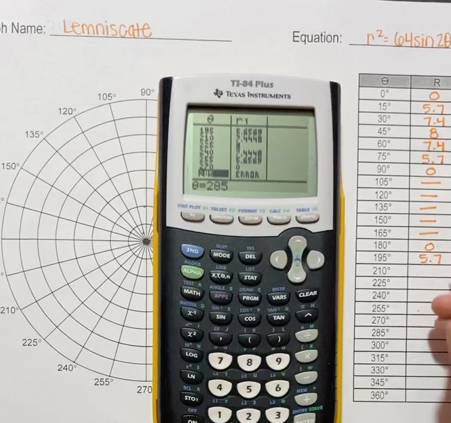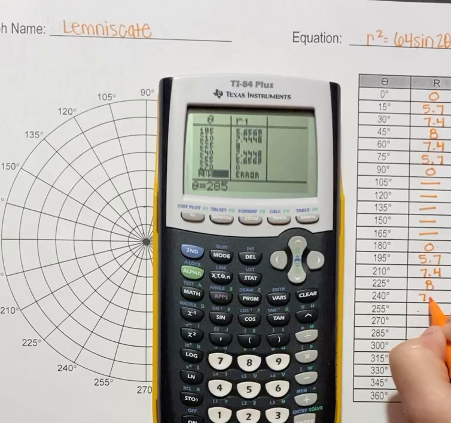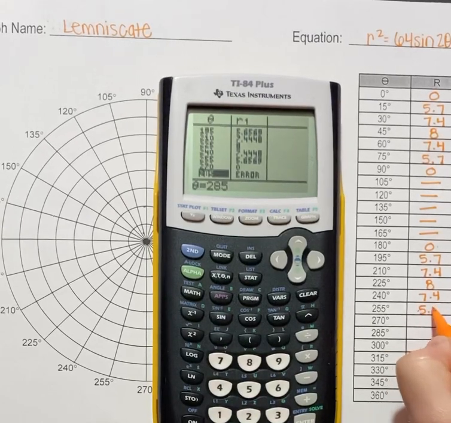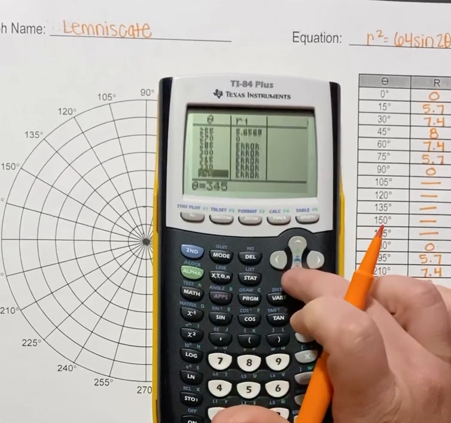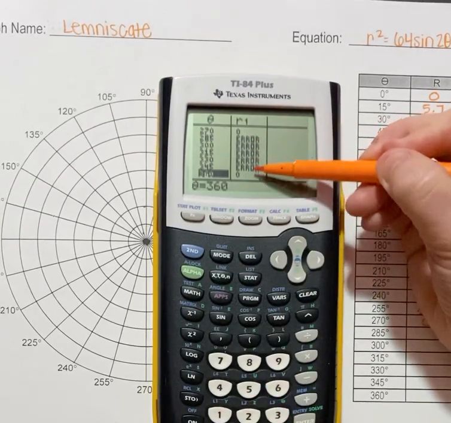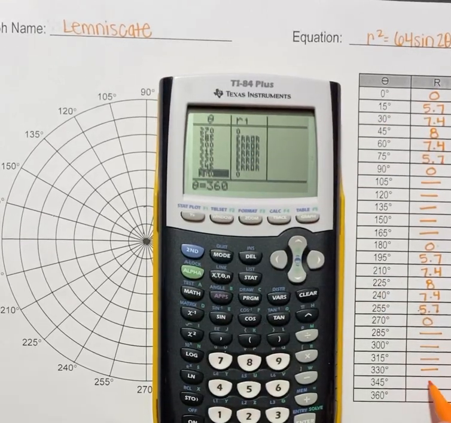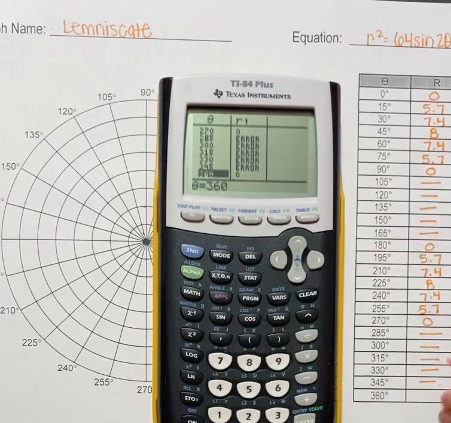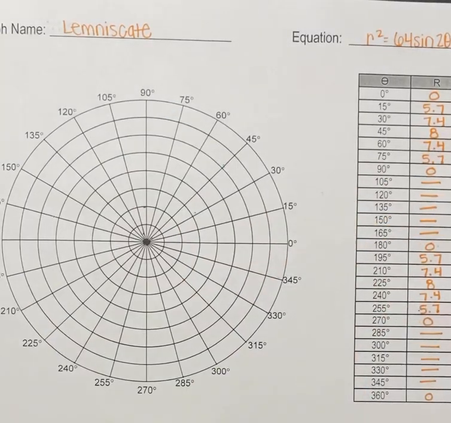You see those same numbers popping back out. 7.4, 8, 7.4, 5.7, and we're back to 0. Now, starting at 285, from 285 all the way to 345, we have an error message again, which means it does not exist. So let's put some dashes all the way through 345, and at 360, we're back to 0. Now, we don't have as much to graph within this problem because we have a lot of errors going on.